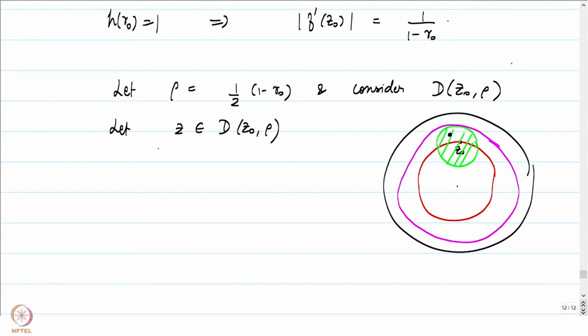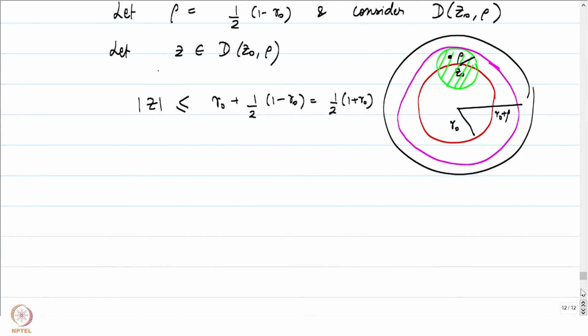Remember that this distance is rho, this distance is r naught, and this distance is going to be equal to r naught plus rho. And you can check that the absolute value of z is less than or equal to the absolute value of z naught plus the absolute value of z minus z naught, which is r naught plus rho, which is r naught plus half of 1 minus r naught, which is equal to half of 1 plus r naught, which is less than 1 because r naught is less than 1.